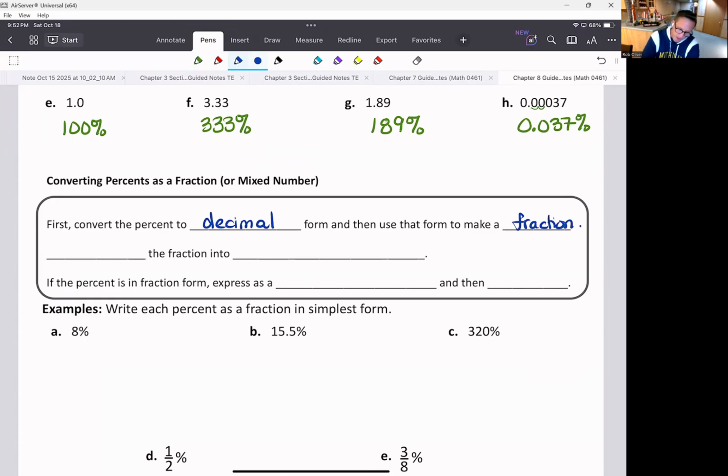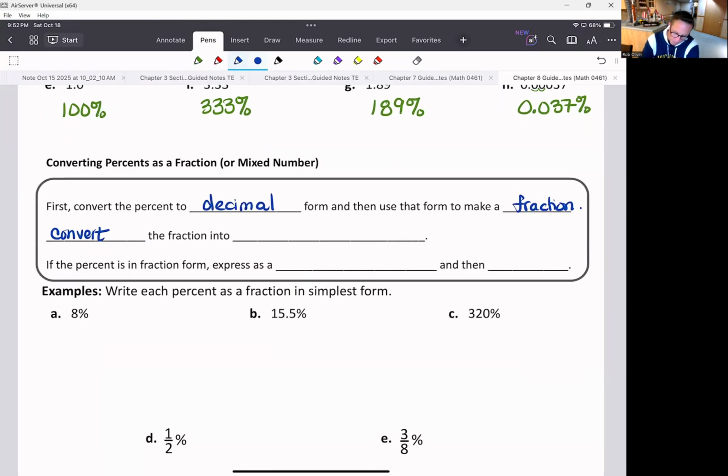And then convert the fraction into a mixed number or decimal. I'm not sure what I wanted to write on here. If the percent is in fraction form, express it as a complex fraction.